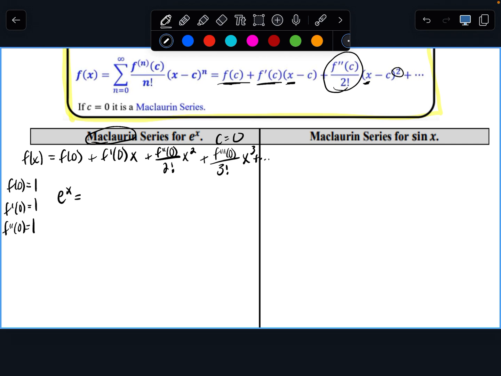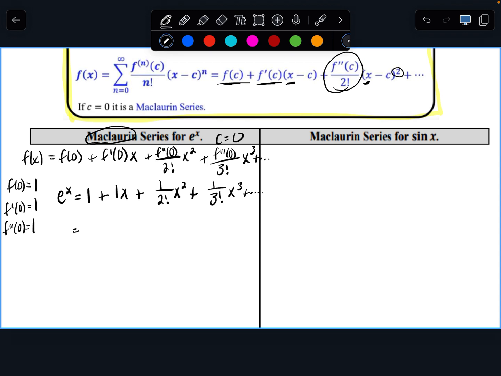So e to the x, its Maclaurin series is f of 0 is 1, plus 1x plus 1 over 2 factorial x squared plus 1 over 3 factorial x cubed, and so on.